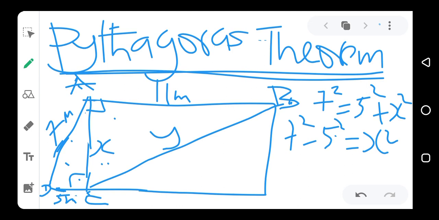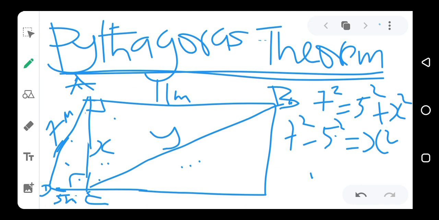Since we know AB as 11 meter and we have gotten x from the first one we solved, any value we get from there, we put it there and use it to get our y. Since y is the hypotenuse here, it means that we now know two sides for ABC. Now if we know the two sides, we can get the third side.